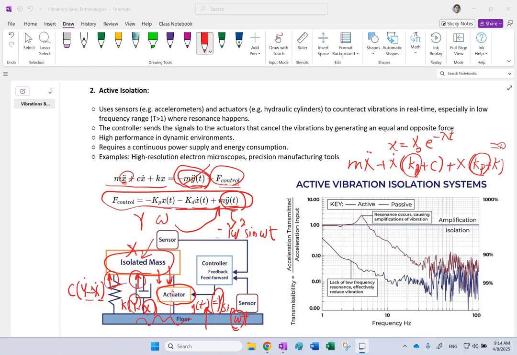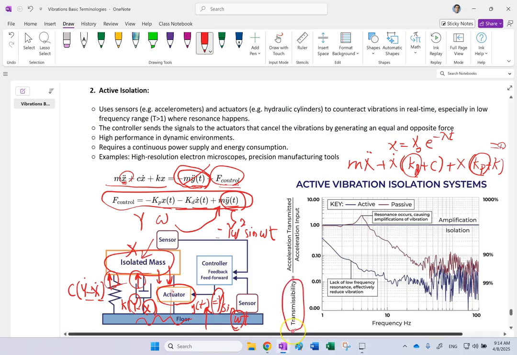So here is an example of transmissibility for an active and a passive vibration isolation. You see the red curve is passive and the blue curve is active.